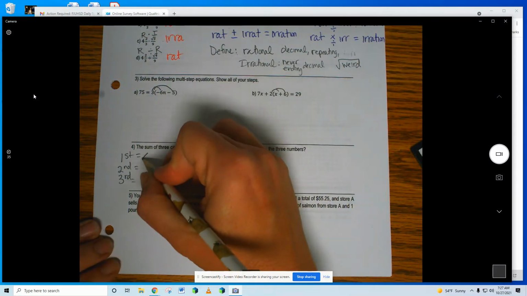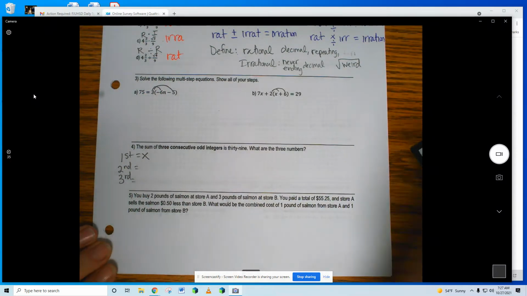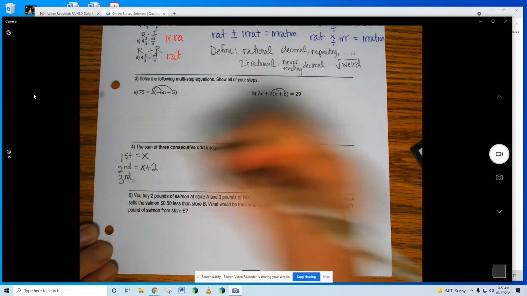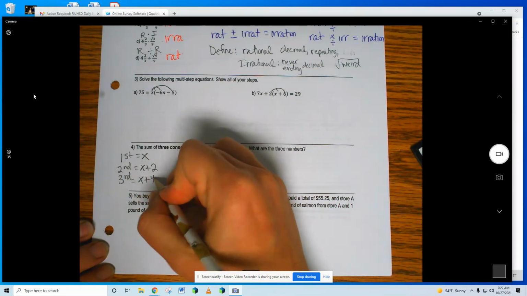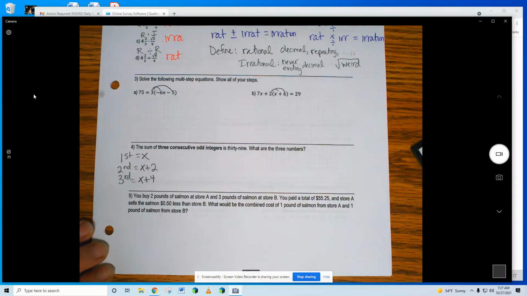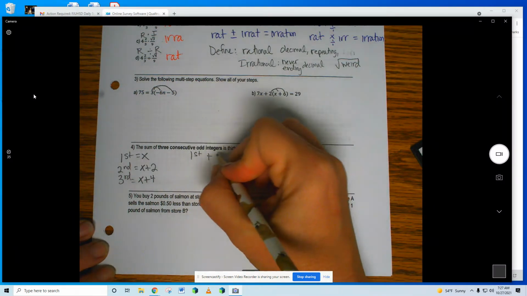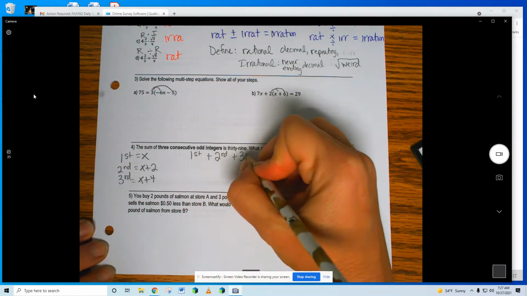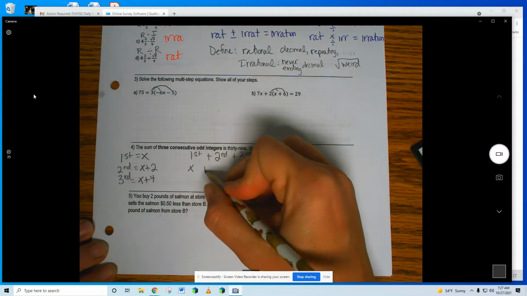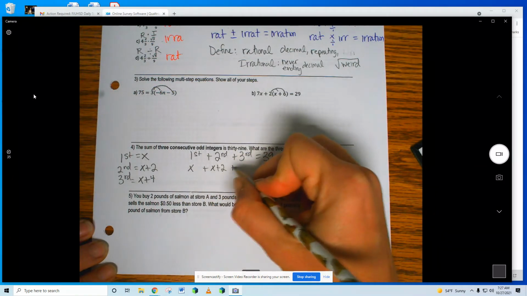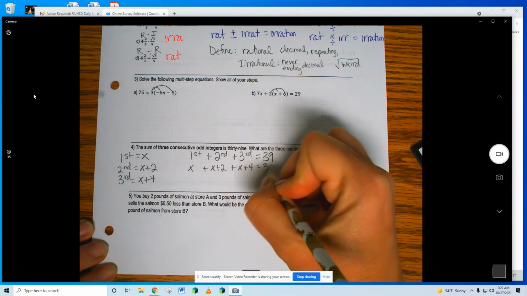So the first number is going to be x. And then after that, it's going to be x plus 2. And then the number after is going to be x plus 4. So the first plus the second plus the third number equals 39. x plus x plus 2 plus x plus 4 equals 39.